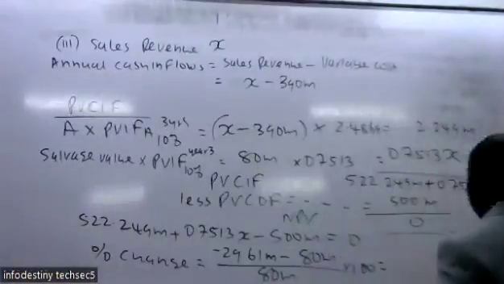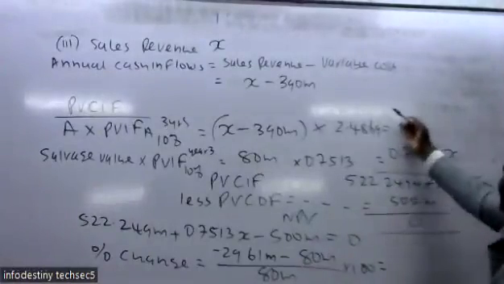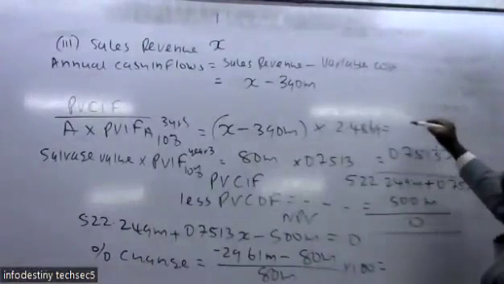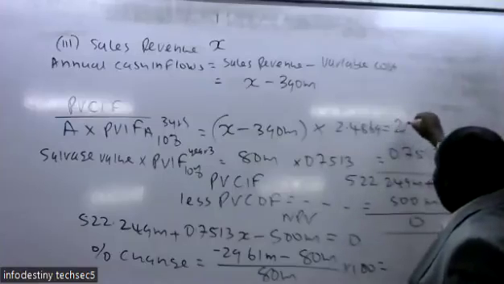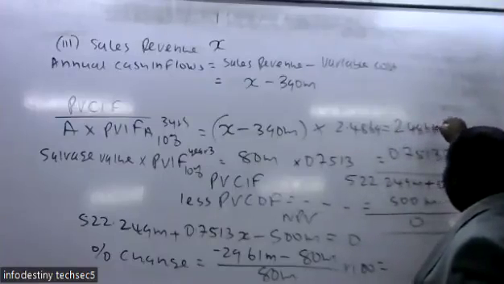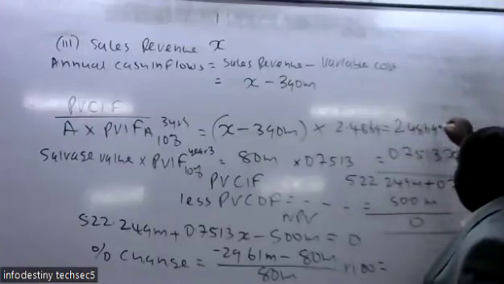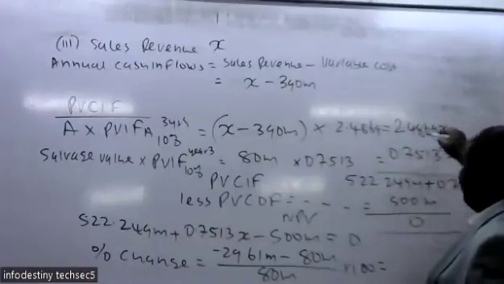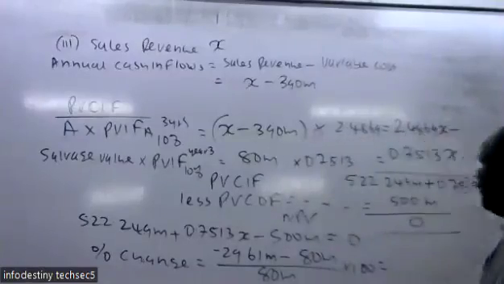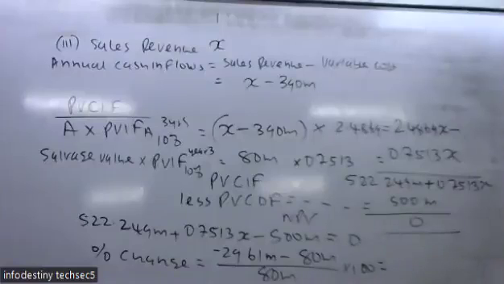So when we open the brackets at this point, it will be 2.4869 X minus 390 million multiplied by 2.4869.